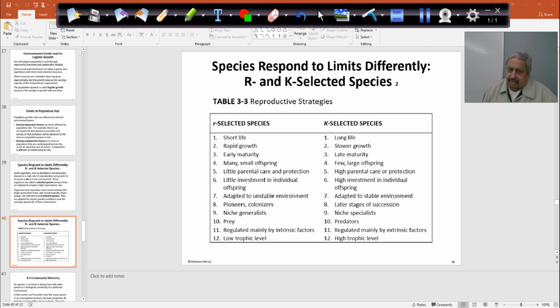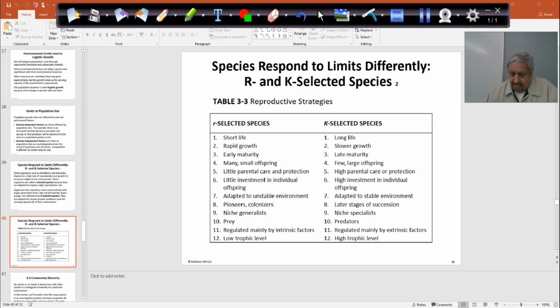You will see that the R species have shorter life, but they have rapid growth and earlier maturity, and the K species have longer life, but they are very slow in growth and very late to mature, and you will always see the opposite. The higher rate of growth is the R series. The lower rate of growth is the K series.